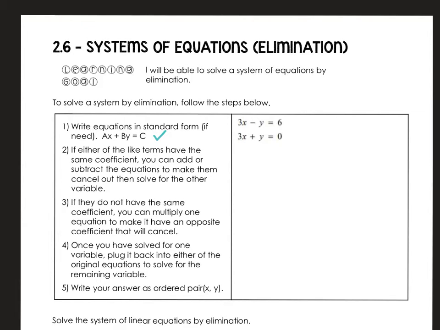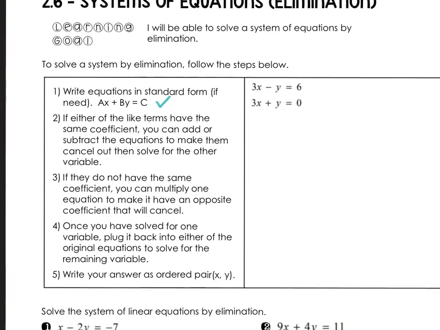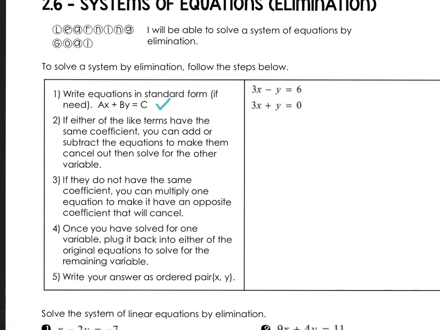Step 2 is if either of the like terms have the same coefficient, we can add or subtract them to make them cancel out. So I'm trying to see if I can cancel either of these out. My coefficients currently are 3 for the x on both, and then I have a -1 for y and a +1 for y.